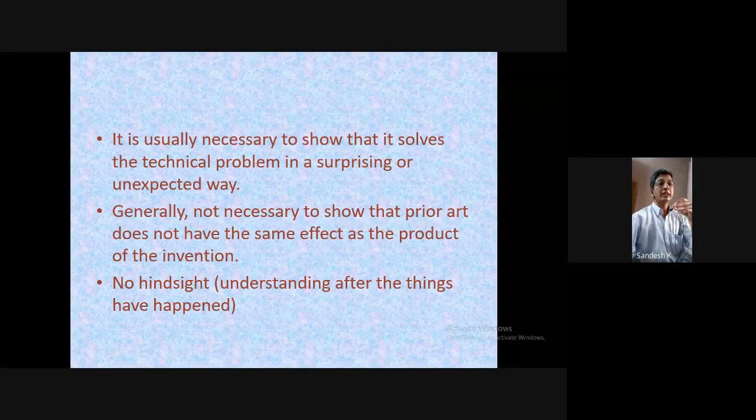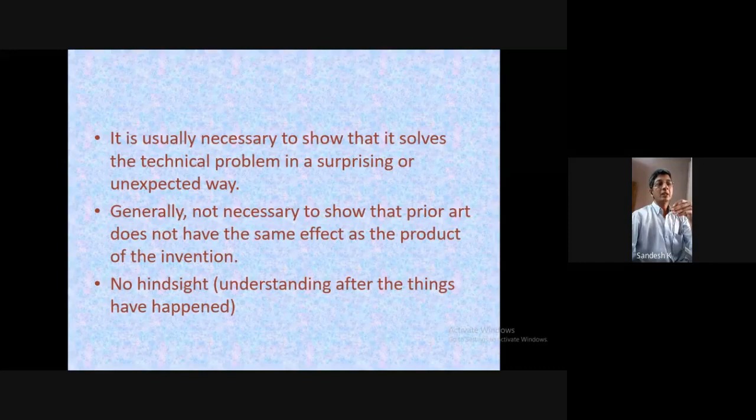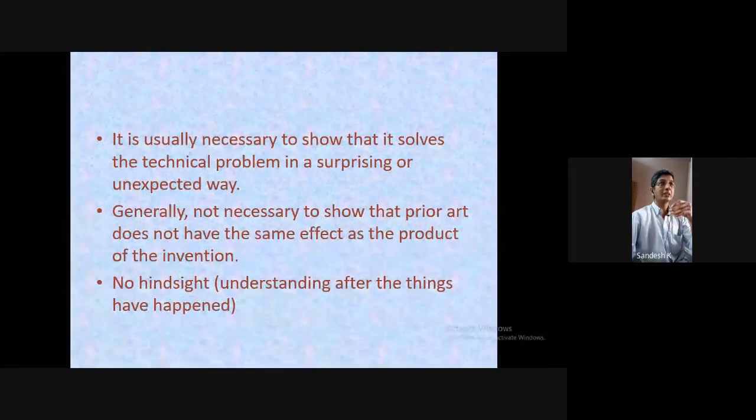No hindsight. That means one person has developed a product, and once you see the product, then you decide, okay, this is how it works. Then you say, no, this is not the way. This is called hindsight. Before looking at the product, you are not aware that it will work like this.